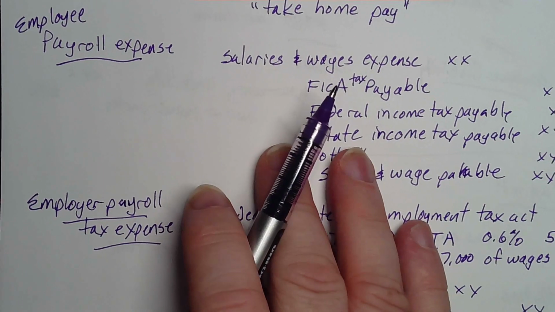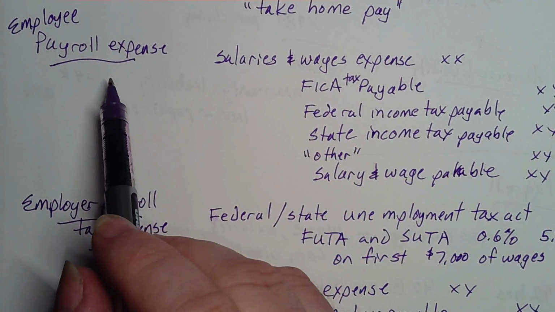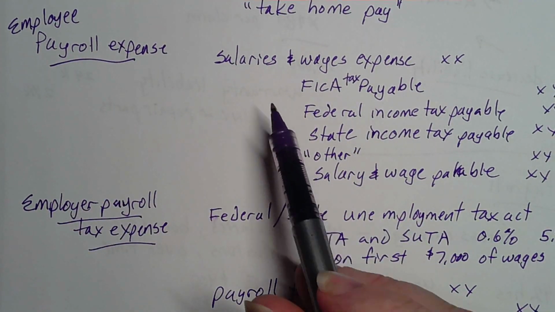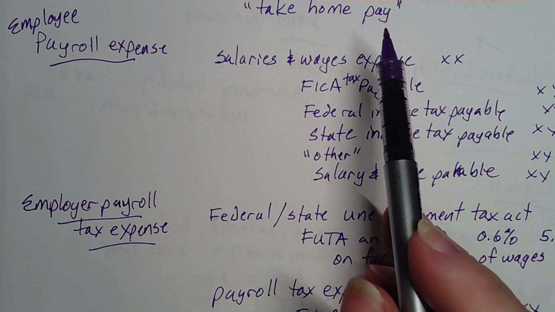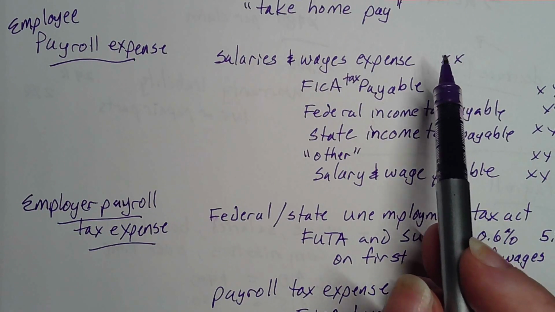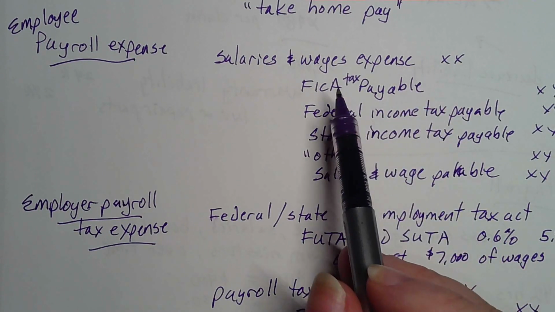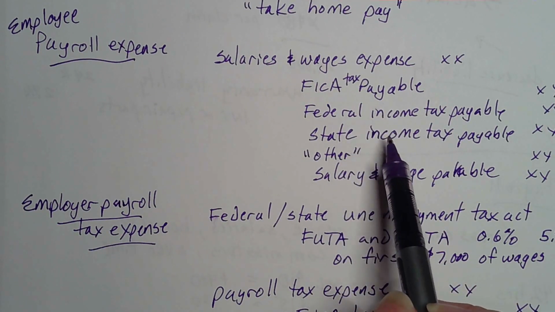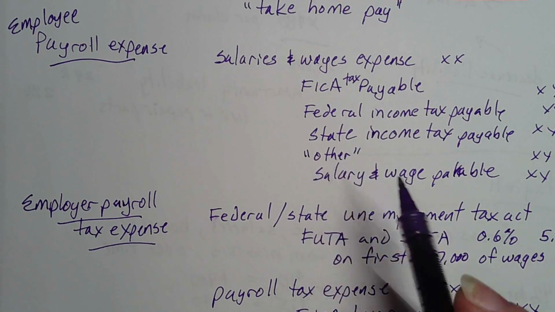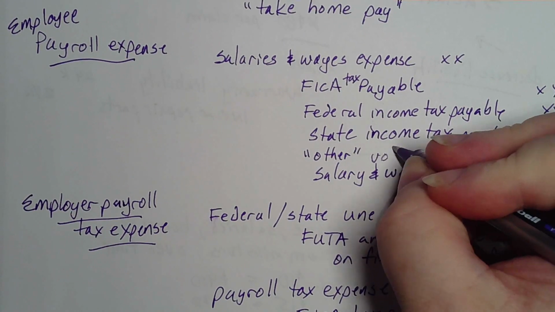When we pay the employees, we have an employee payroll expense. This is paying their salaries. So here we've got a salary and wage expense, which is the total amount that we're going to be paying. That's like their gross earnings. And then we take out the FICA, the federal income tax, the state income tax, and any of those other voluntary deductions.